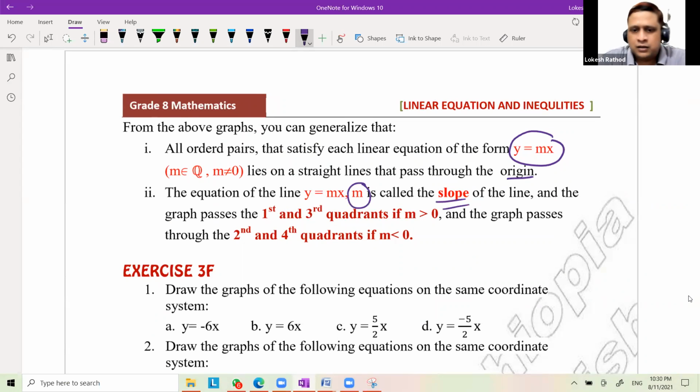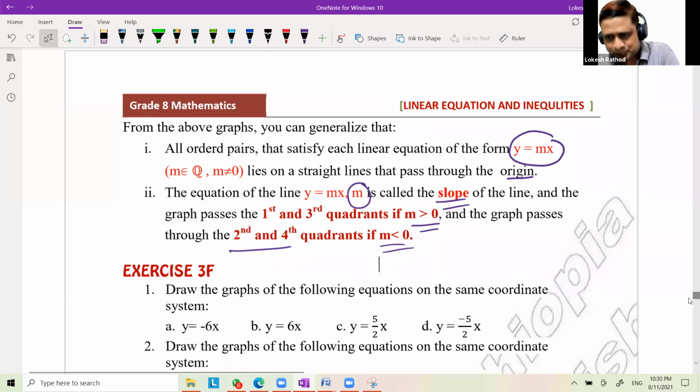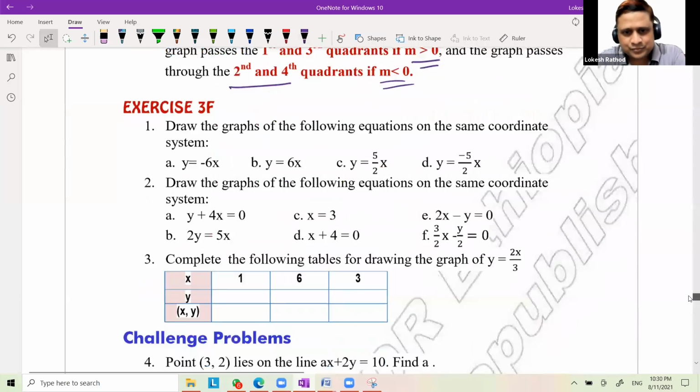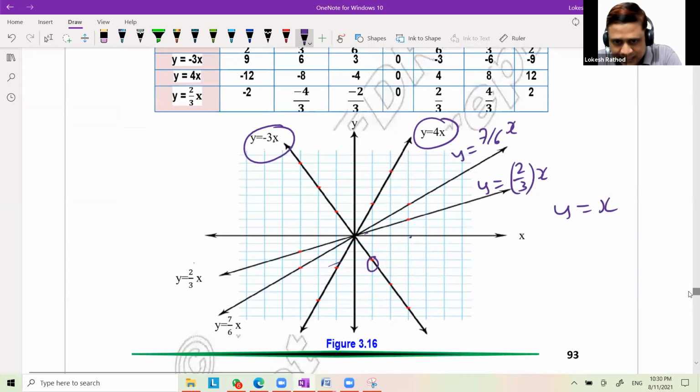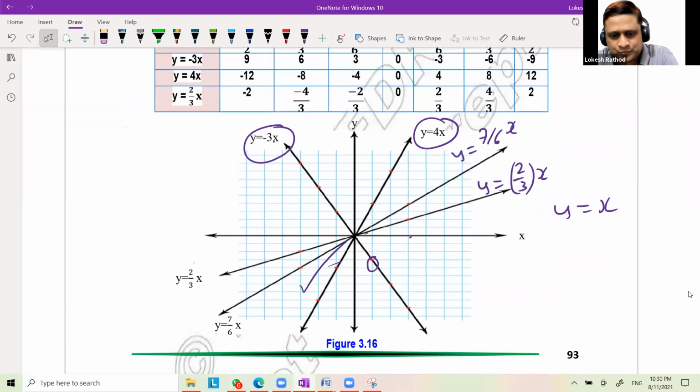Now, the graph passes through the first and third quadrants if m is positive, and the graph passes through the second and fourth quadrants if m is negative. I told you that if m is positive, it's increasing, and if it is increasing, it will pass through the third quadrant and first quadrant.